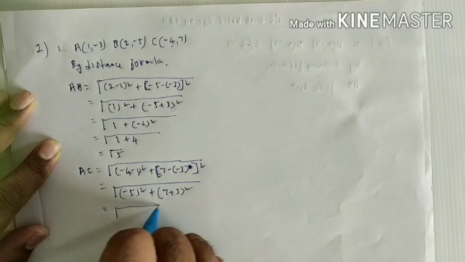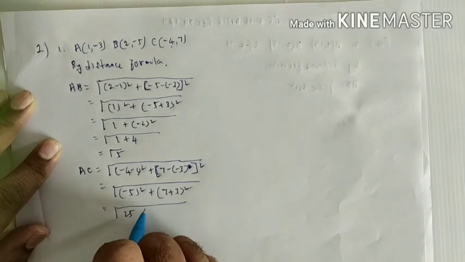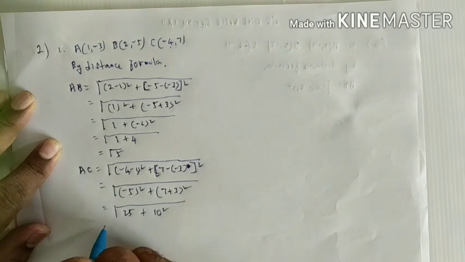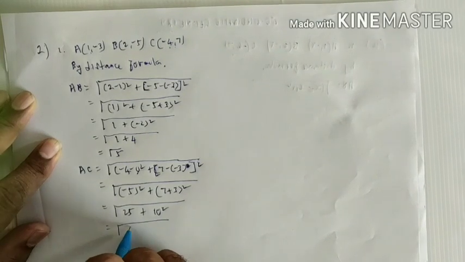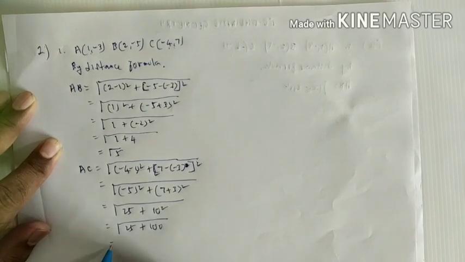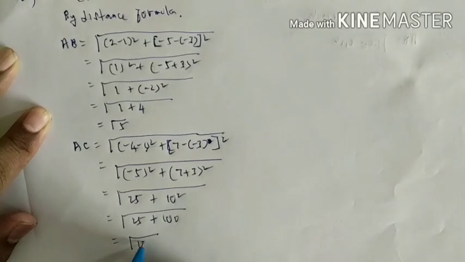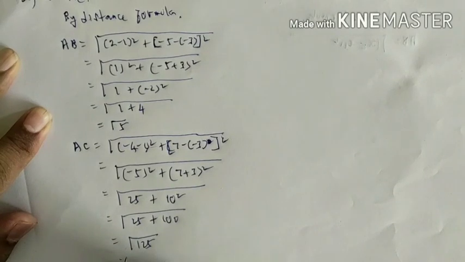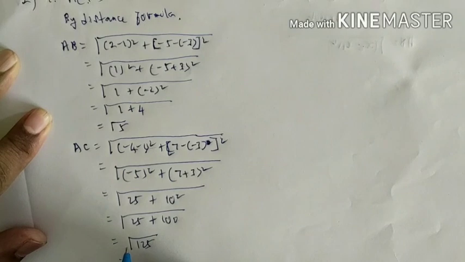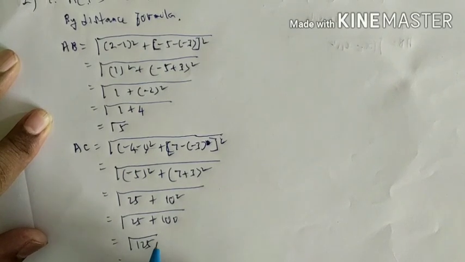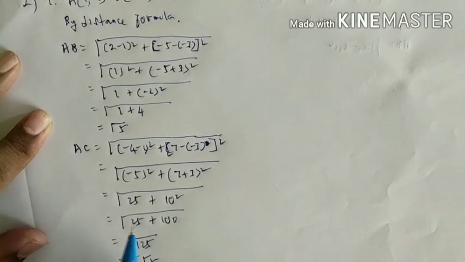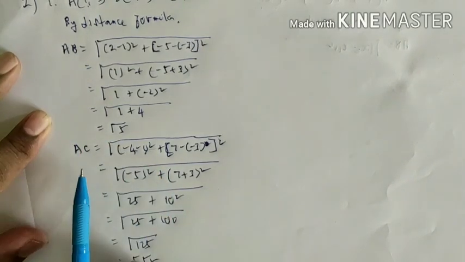It is equal to under root 25 plus 10 square. It is equal to under root 25 plus 100. It is equal to root of 125. Root of 125 is equal to how much? Root of 125 is 25 into 5, means 5 root 5 we get here. So we found AB, we found AC.